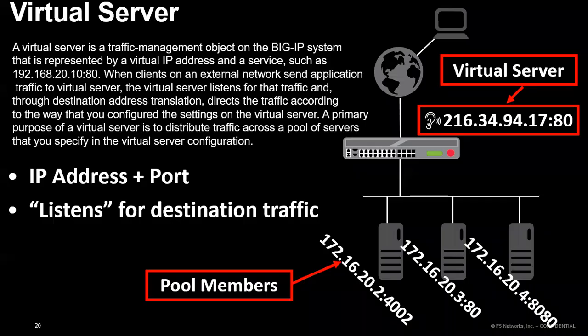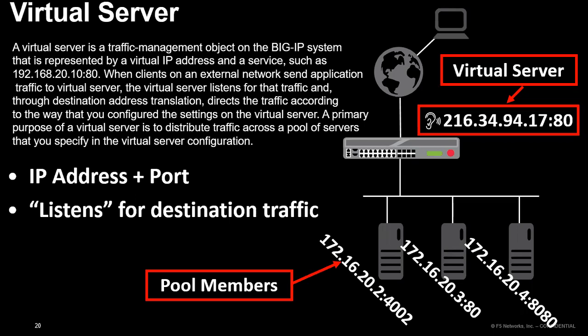A virtual server is a traffic management object on the BIG-IP system that is represented by a virtual IP address and a service, such as 192.168.20.10:80. When clients on an external network send application traffic to the virtual server, the virtual server listens for that traffic and, through destination address translation, directs the traffic according to the way you configure the settings on the virtual server.